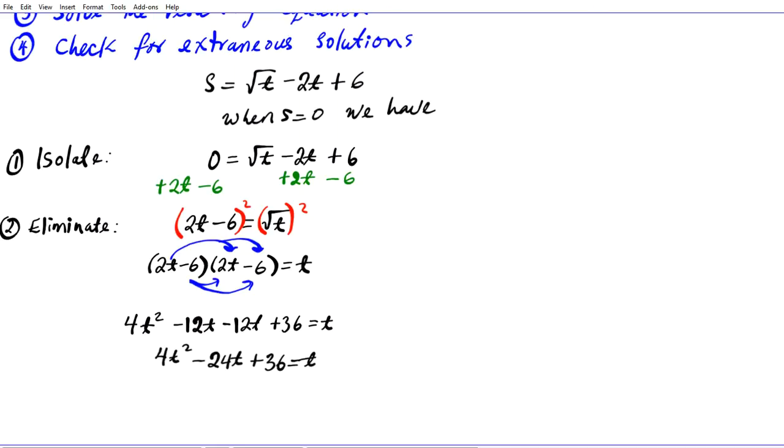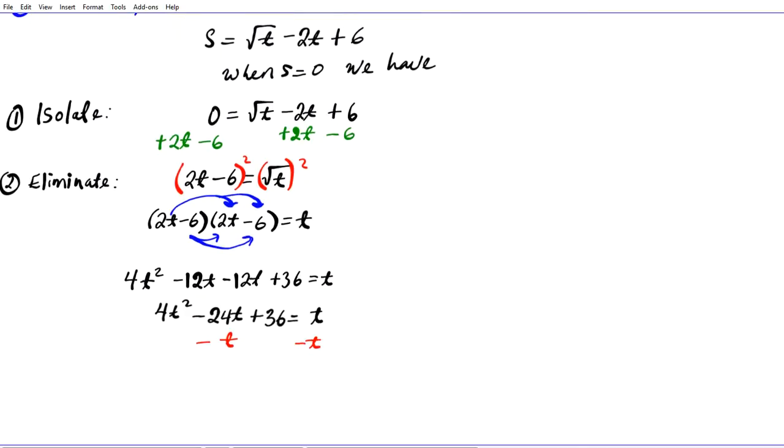And then we proceed to subtract t from both sides of the equation. And that yields the quadratic 4t squared minus 25t plus 36 equals 0.